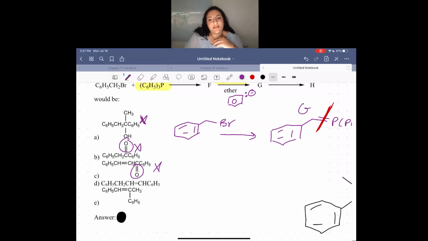Now I want you guys to take a look at it for a second and tell me between D and E, which one you think looks more correct. While you're thinking about that, I'm going to draw out these answer choices, just so you guys can get a visual. Someone said I'm lost, so we can definitely go back and review it.